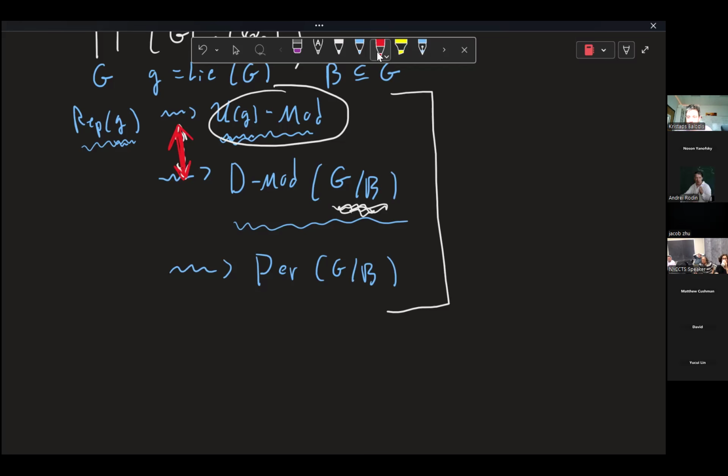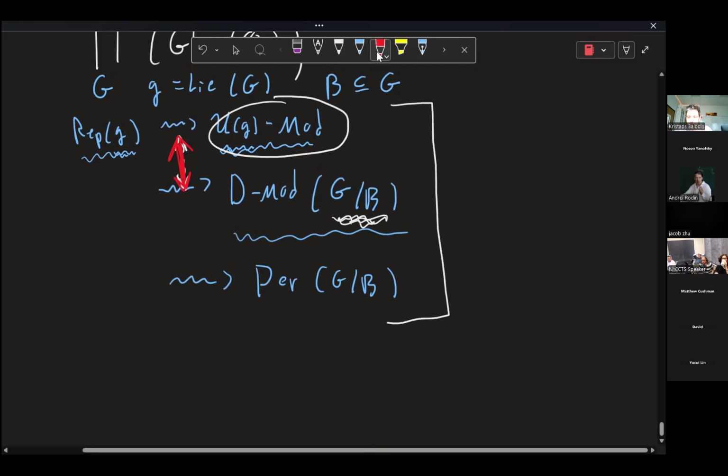And it's not even clear how you would define a D module over a p-adic group, given that everything is a twist or a cusp, there's nothing smooth. It's not regular. And look, there is some notion of p-adic differential equations, by the way.